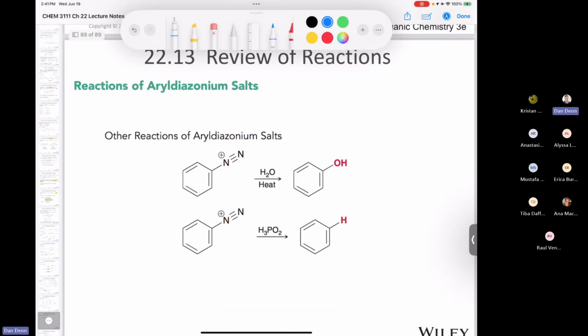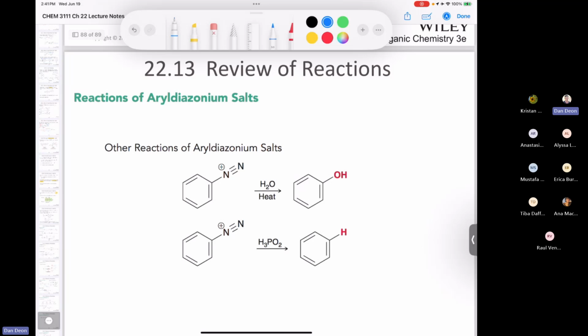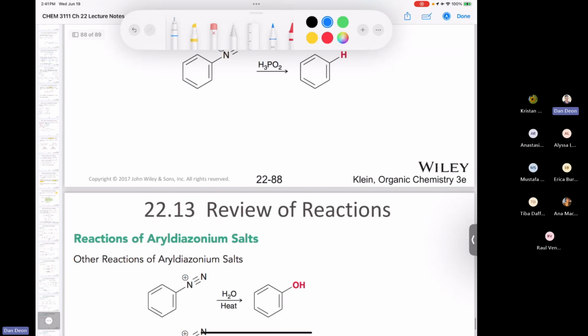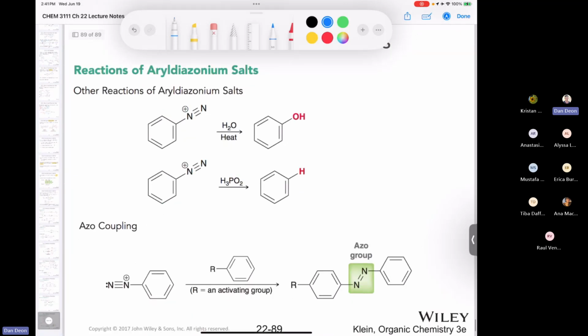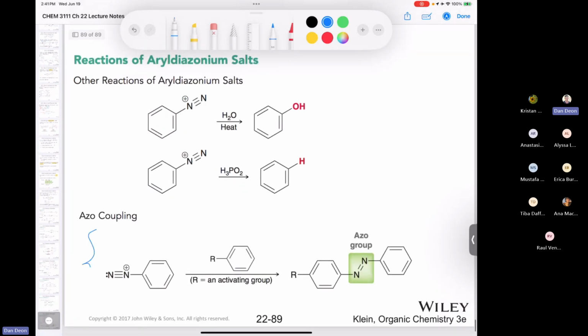You can also cook it up with water and end up with a phenol derivative, or treat it with hypophosphorus acid to install a proton. The last reaction we looked at was the azo coupling, and azo compounds have very bright, interesting colors.